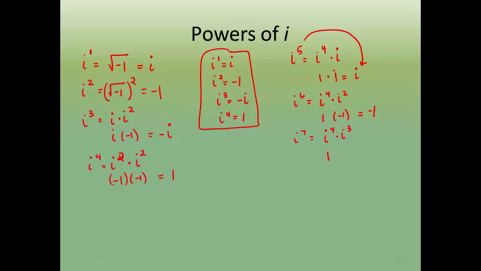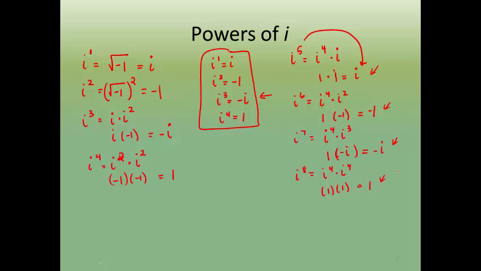I to the fourth is +1, and I cubed, according to my chart, is -I, and 1 times -I is -I. I to the eighth is the same way: I to the fourth times I to the fourth means 1 times 1, which is 1. So if you notice, when I got to 4, I started repeating the pattern: I, -1, -I, +1.